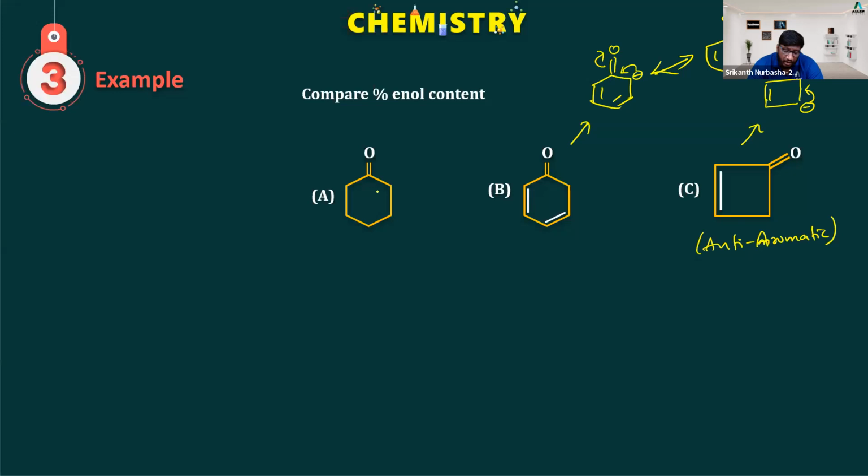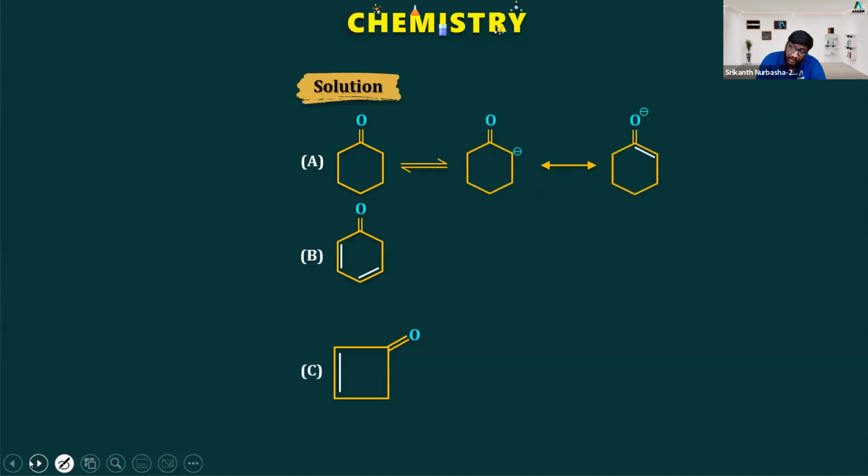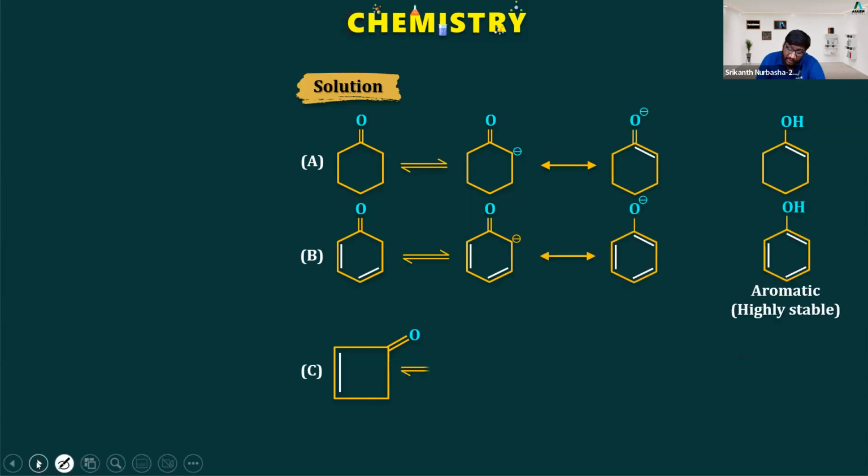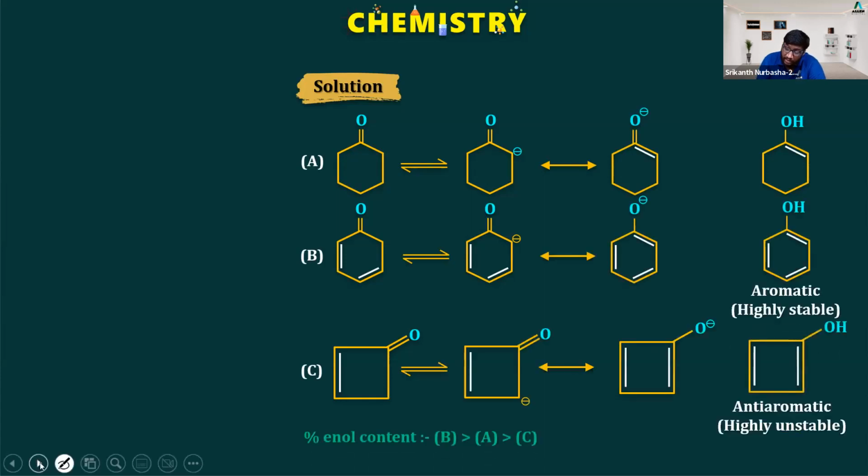In compound A, you have generally negative charge here. So if you go with A, B, and C, in B you have aromaticity, highly stable. In C, anti-aromatic. So B will be more stable than A, then C, because in C you have anti-aromatic nature.